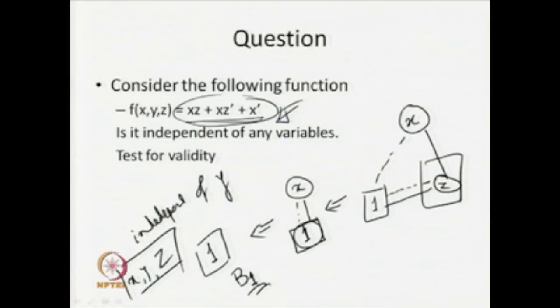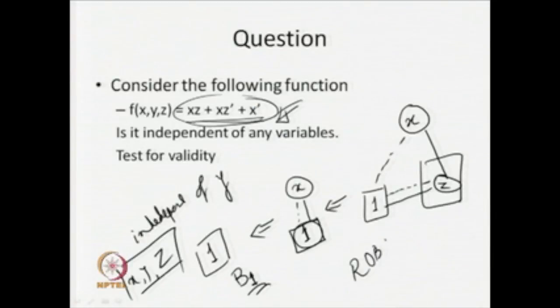This is a small function, but if I give a bigger expression, it will be difficult to say by inspection whether it is valid or independent of some variables. But once we get the ROBDD, by looking at its structure we can take many more decisions quickly. With this, I will end my lecture today. Thank you.